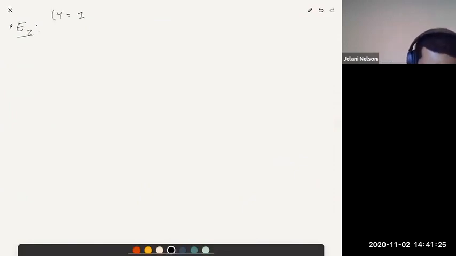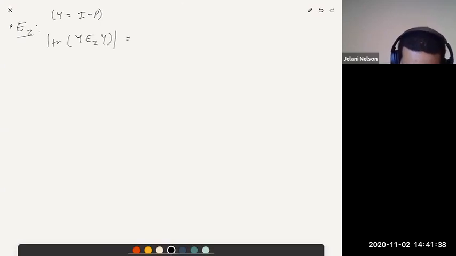Y is just equal to identity minus P, right? Where P is a rank K orthogonal projection. So we're looking at the trace of Y E2 Y. This is equal to, this is the cyclical property of trace now, trace of YY E2.